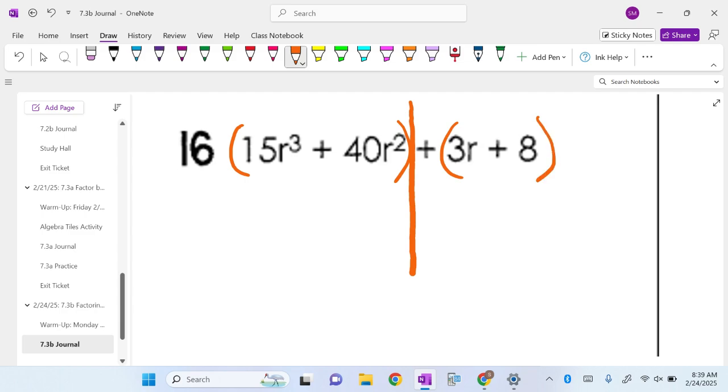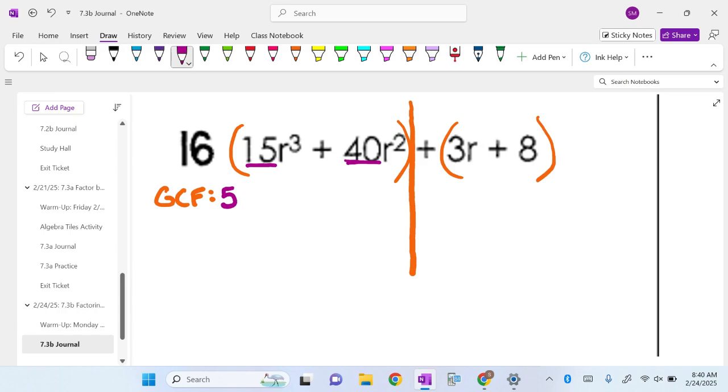All right, so with the first group, you can either do a factor tree or you can just look at it one term at a time. What do you think the GCF is of 15 and 40, James? So just 15 and 40. What number could you definitely divide evenly into both numbers? 5. So that would be the first part of the GCF.